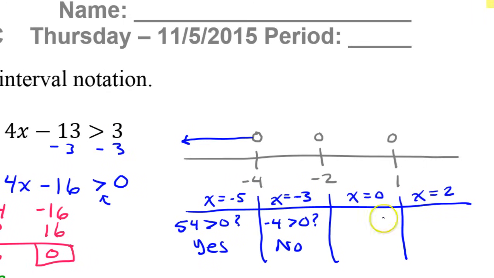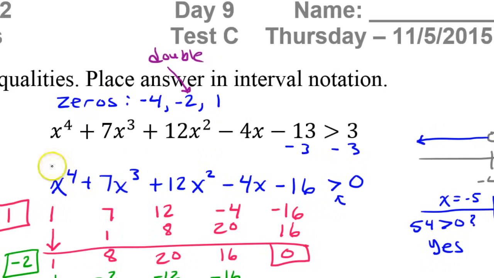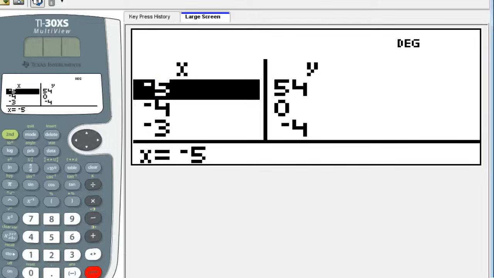So I'm going to leave this empty. What if I plugged in 0? It's interesting, we should be able to do this one in our heads. If I plugged in 0 for all these x's, all of these terms would cancel out, and I would just have negative 16. Let's see if my calculator agrees.